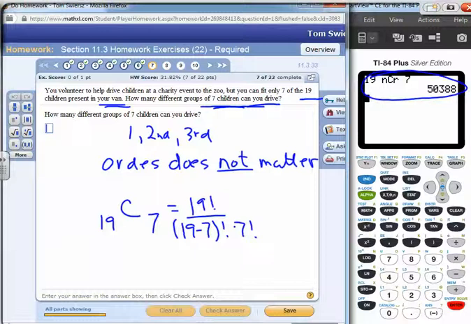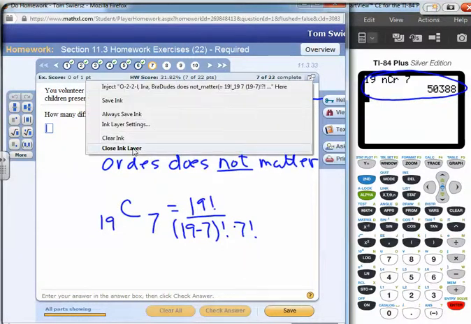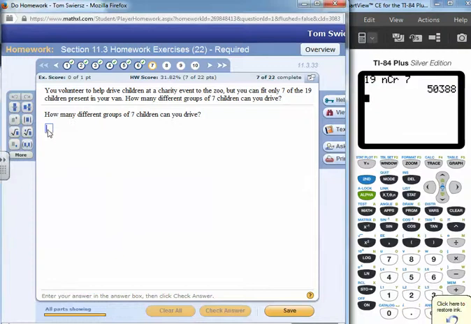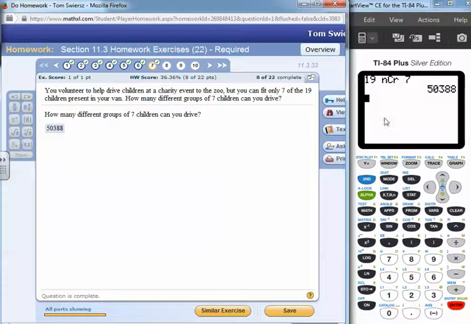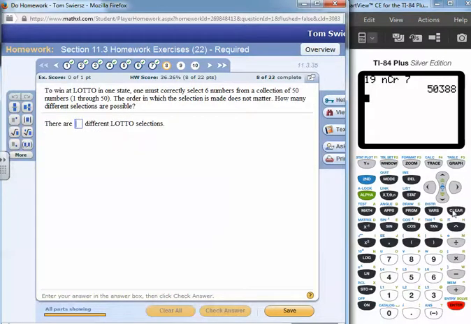That's the formula for combination, and you can do it on your calculator. You'll get 50,388. Or you'll just have to write out the factorials and cancel if you don't have a calculator. I just happened to get the same numbers as the last problem, and it was a combination.